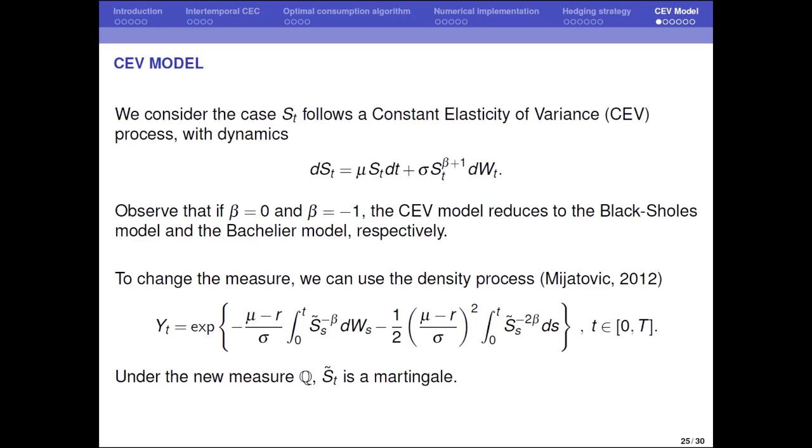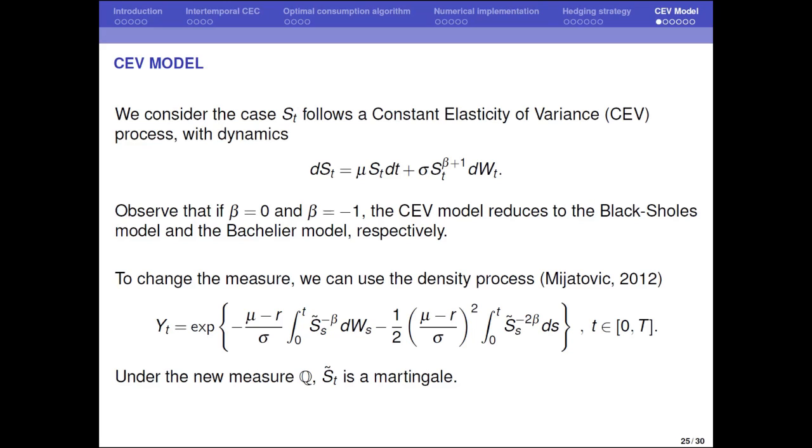Well, we try to do it not only for the Black-Scholes model, but for the CEV model. And this is one that leads us to one of the open questions, because this is not fully finished. And let me introduce this part.